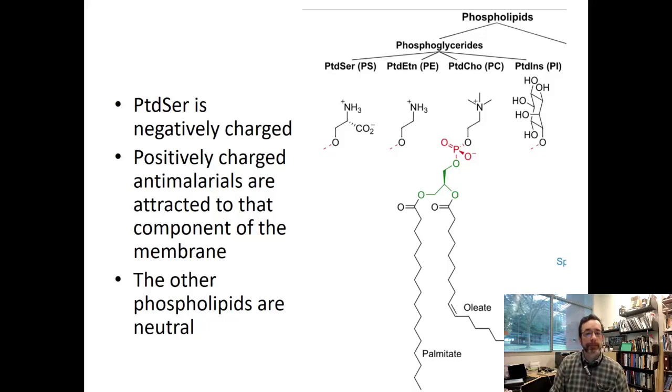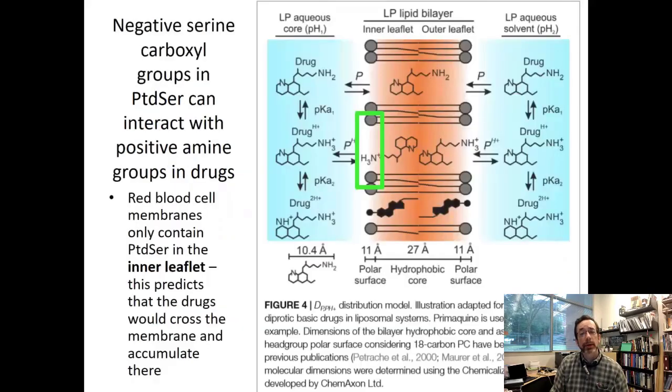The other phospholipids are more neutral, and so they're saying that this would explain why the drugs are able to get in, and you can see it on their graph sort of this way. You would have negative serine carboxyl groups as the head group wherever you have phosphatidylserine. So that would help their vesicles, their liposomes, which have phosphatidylserine just mixed in randomly.